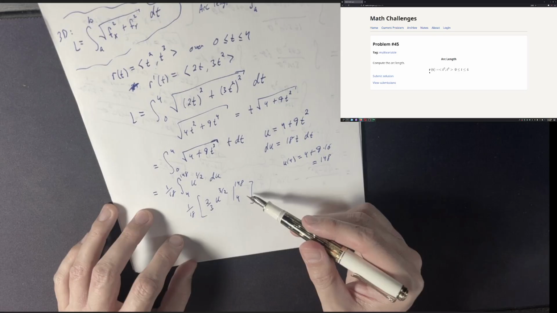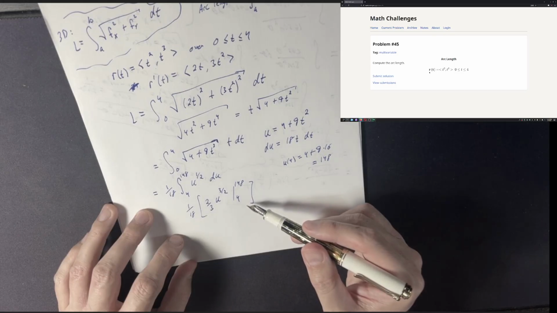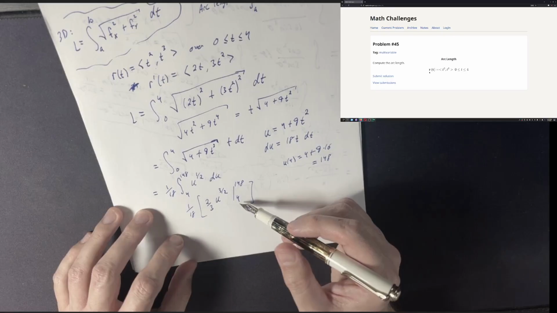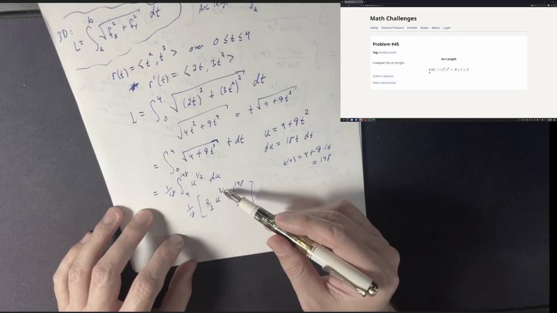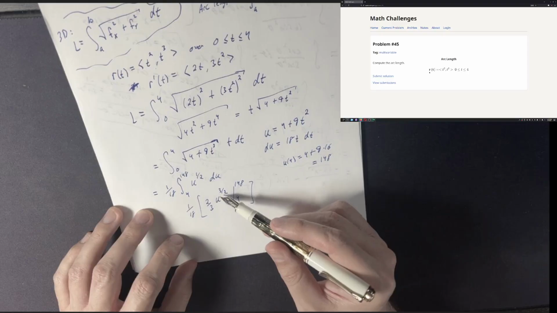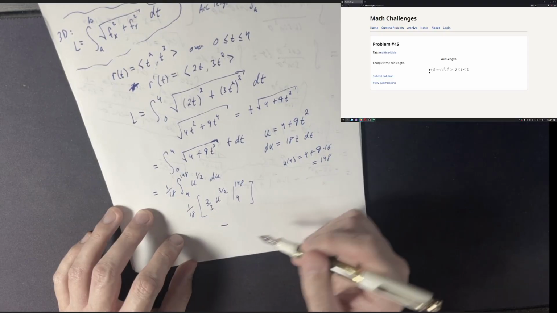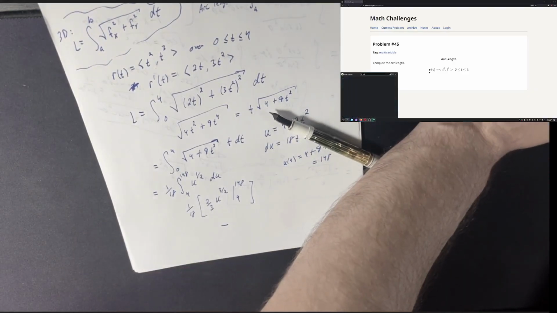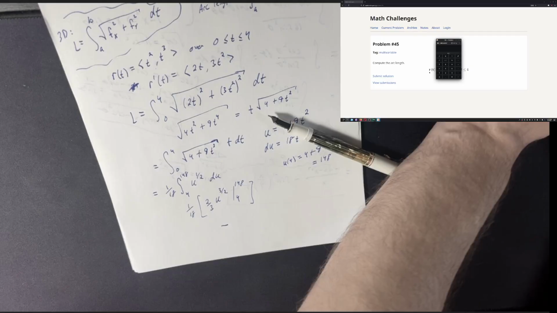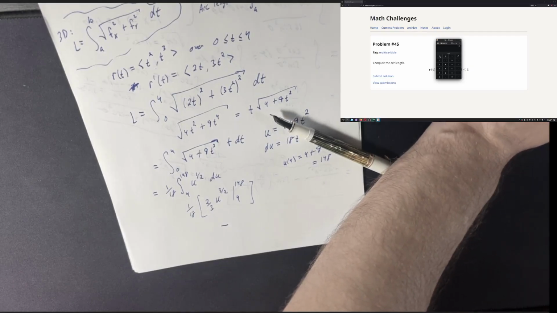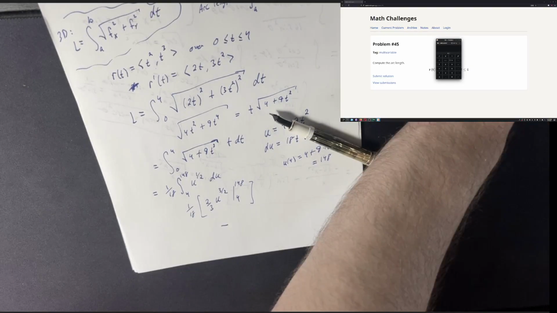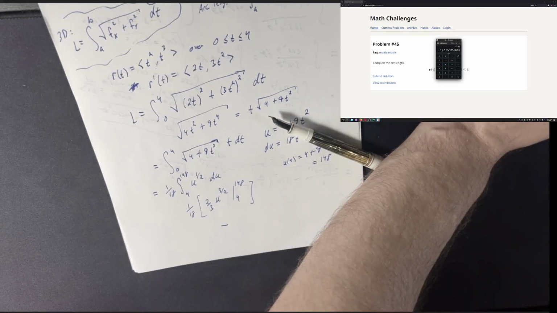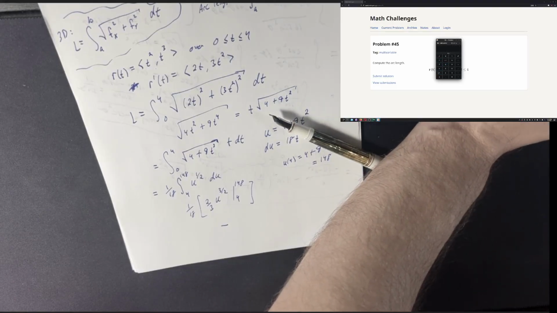Yikes. So at 4, we get 2 cubed is 8. Yeah, I don't know. Guess maybe I'll... Oh my god. Okay, yep, of course. 4, 8.